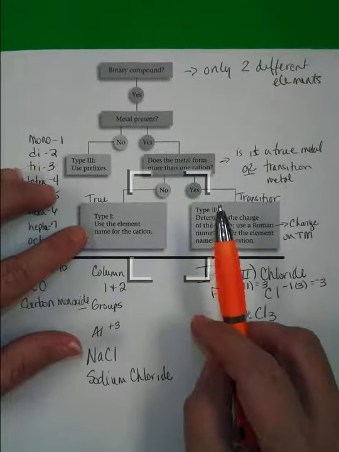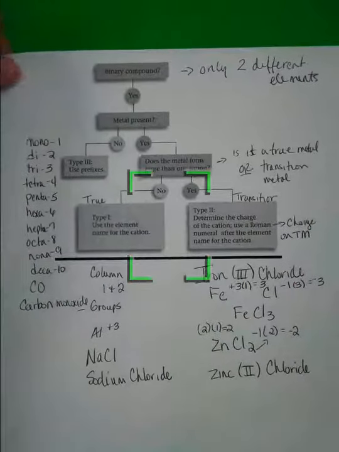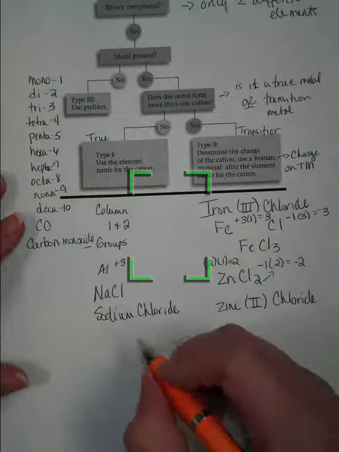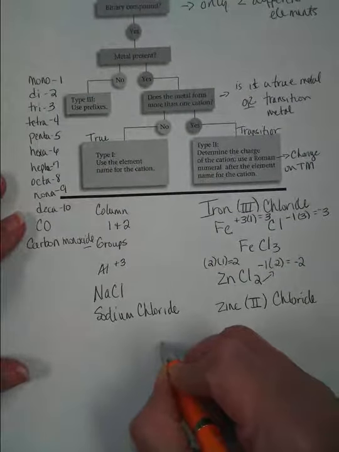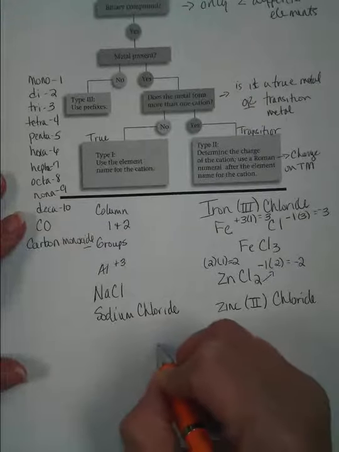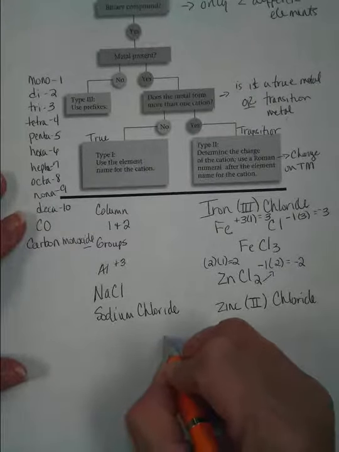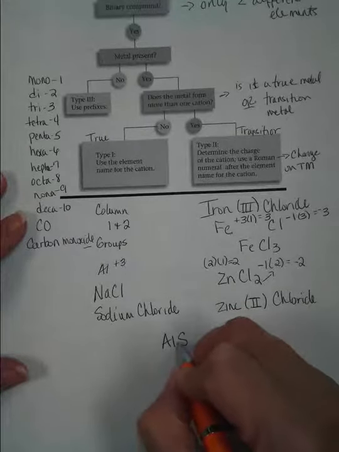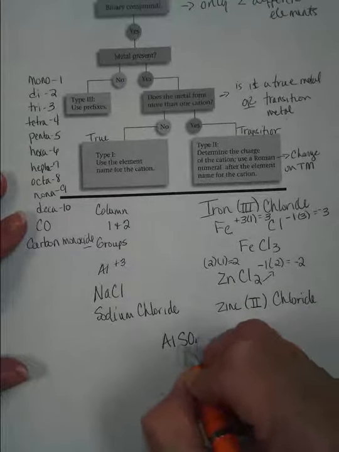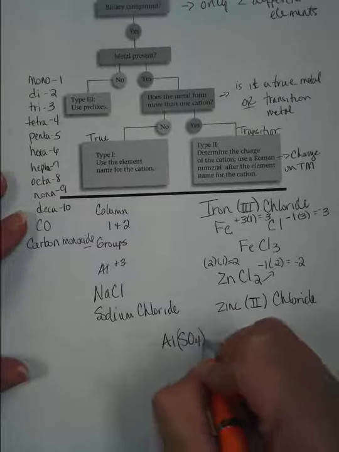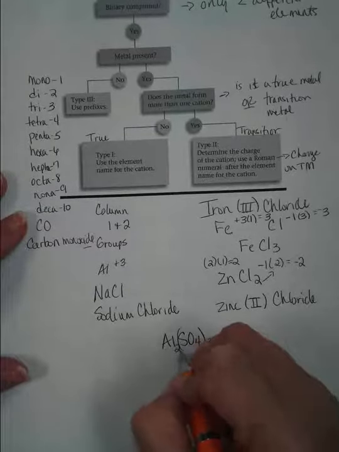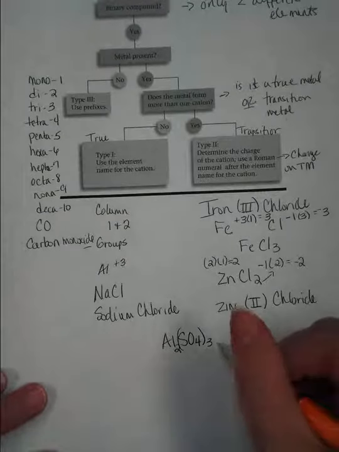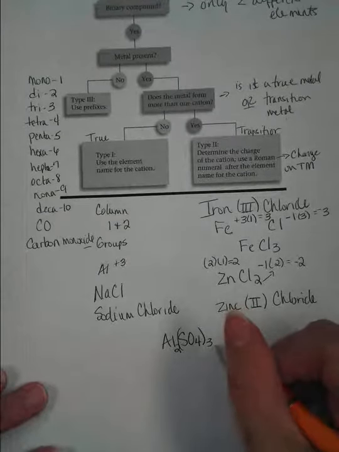So let's look at a couple of examples of polyatomic ions. Let's say that we had, for example, Al2(SO4)3. We would look at it and recognize that it's not binary.